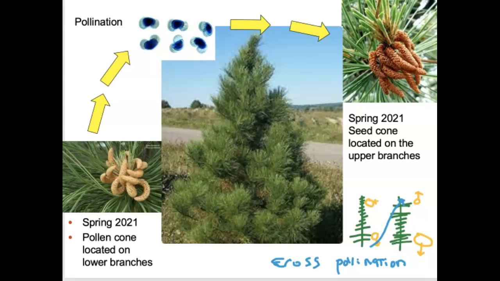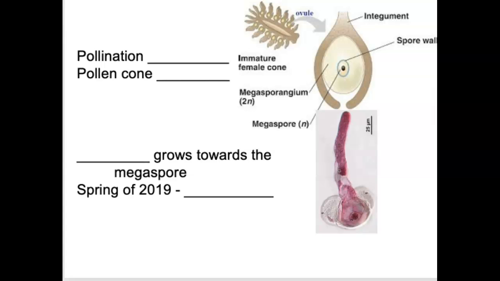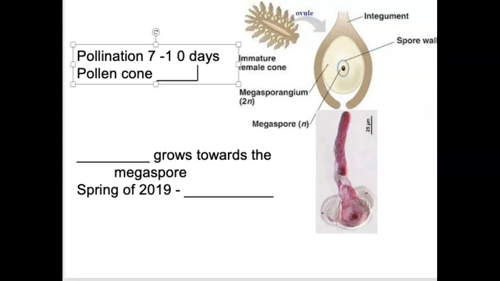All right, so let's keep following this journey. Pollen cone, egg cone, both show up spring of 21. Now, pollination is usually a 7 to 10 day window in the spring. Small little window. After pollination, the pollen cone falls off.